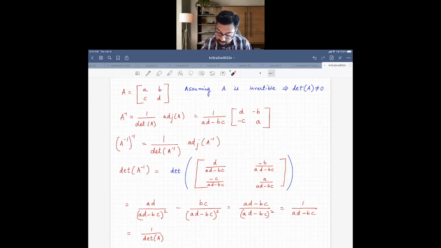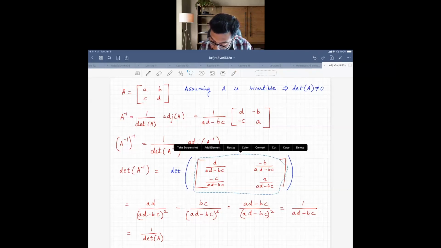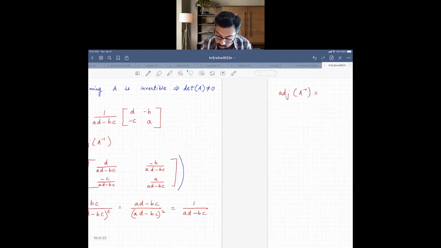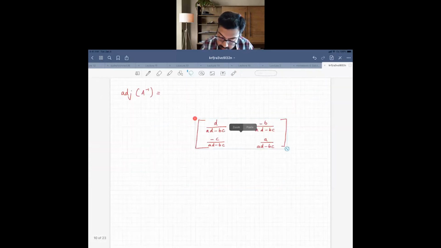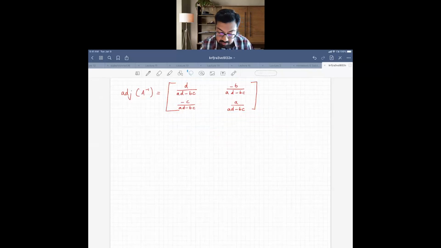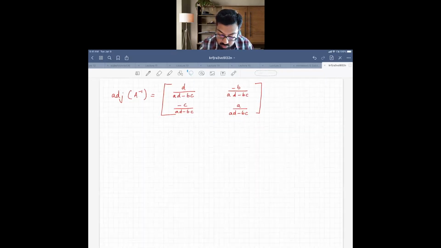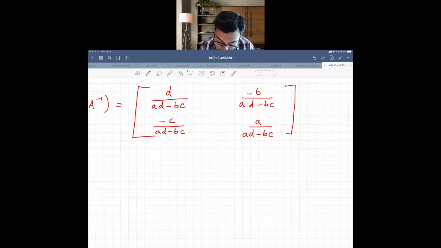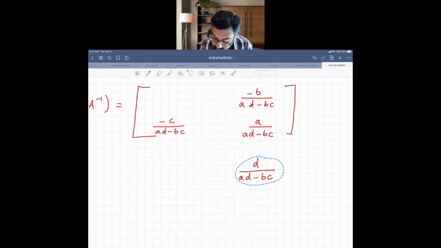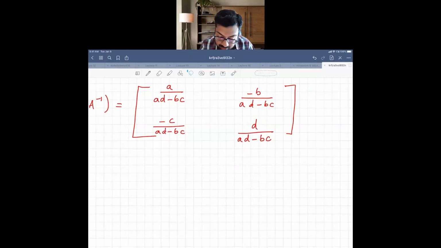So let me go back. Just for the sake of reference, I will copy this from here and move it over here. Sorry, that's A inverse. To find the adjugate, I'm going to move this over here, move that over there, and then multiply the other two guys with a minus sign, so I can just erase these two negative signs here, right?